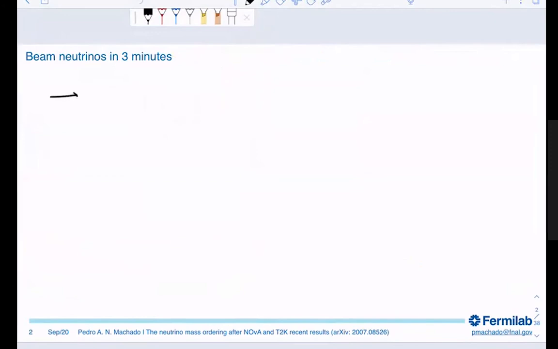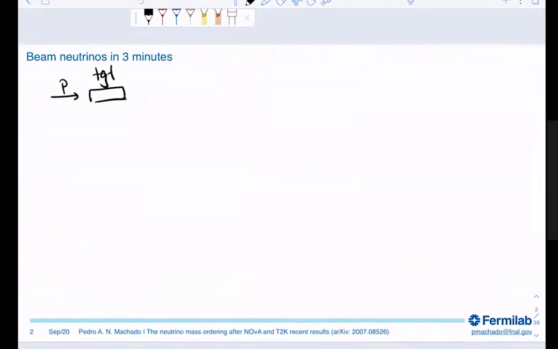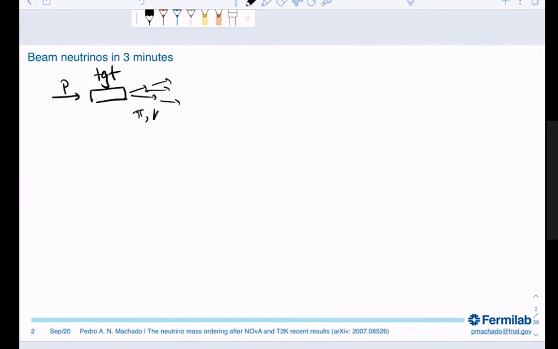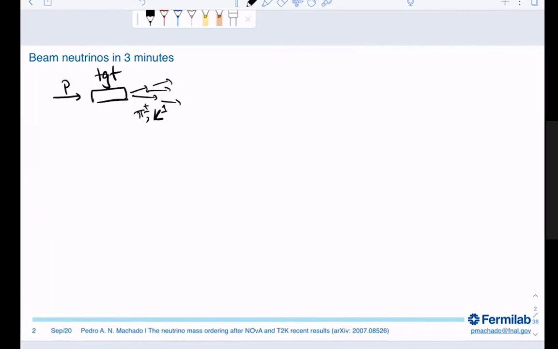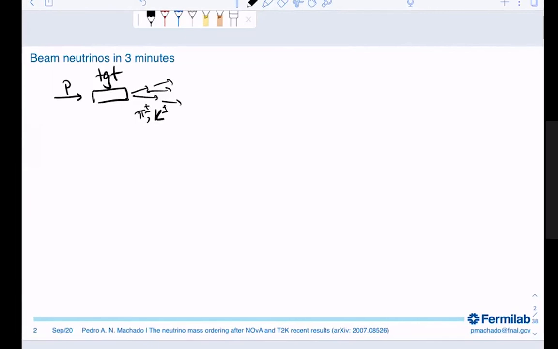So you shoot a beam of protons on a target, right? And then QCD creates a bunch of pions and kaons and other mesons. Doesn't really matter which other ones. Let's just focus on the pions. So you know that pions will decay mostly to muons and muon neutrinos. And this is how you get your neutrino beam.